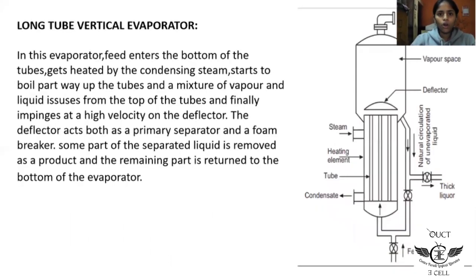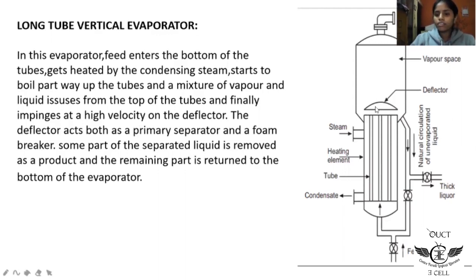Now we'll see the long tube vertical evaporator. In this evaporator, the feed is at the bottom of the tube, and heating takes place by the condensing steam. It starts to boil way up the tubes, and a mixture of vapor and liquid issues from the top of the tubes, and finally it hits the deflector at high velocity.